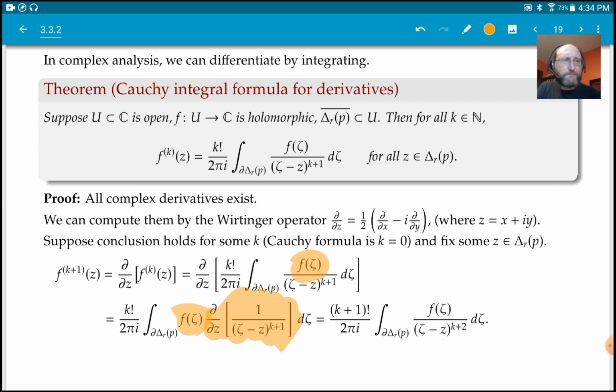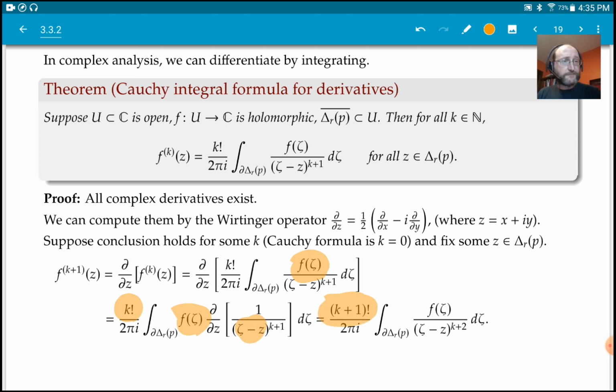And there would be a minus sign, but fortunately it's zeta minus z, so when I'm differentiating in z, the chain rule kills the minus sign. So I'm just multiplying the k factorial by k plus 1, which gets me k plus 1 factorial.